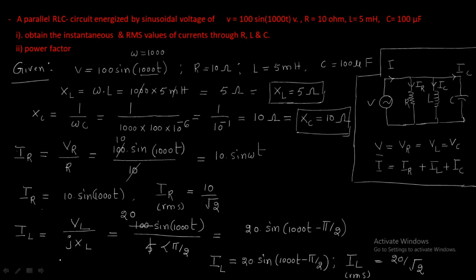Now we will find the capacitive current. The capacitive current formula is capacitive voltage by capacitive reactance, where capacitive reactance equals minus jXC. The capacitive voltage is nothing but the supply voltage only, because it is a parallel branch. So we write 100 sine 1000 t as the supply voltage, by XC which is 10 at an angle of minus pi by 2.